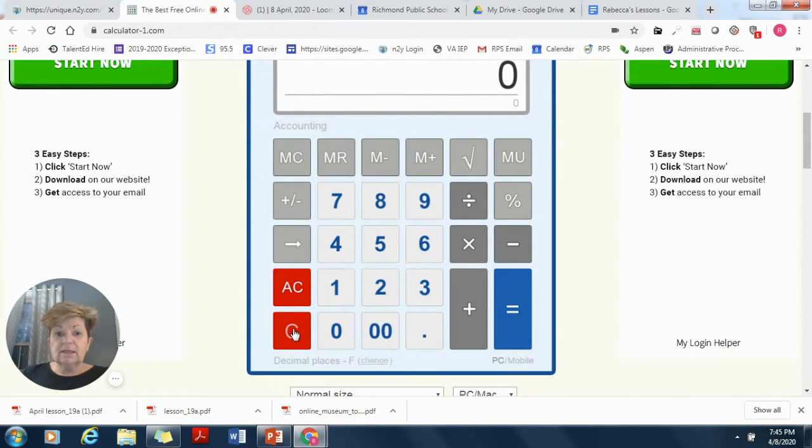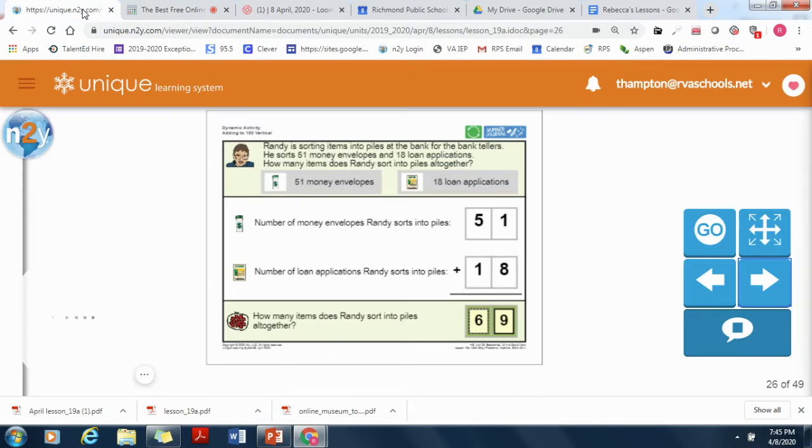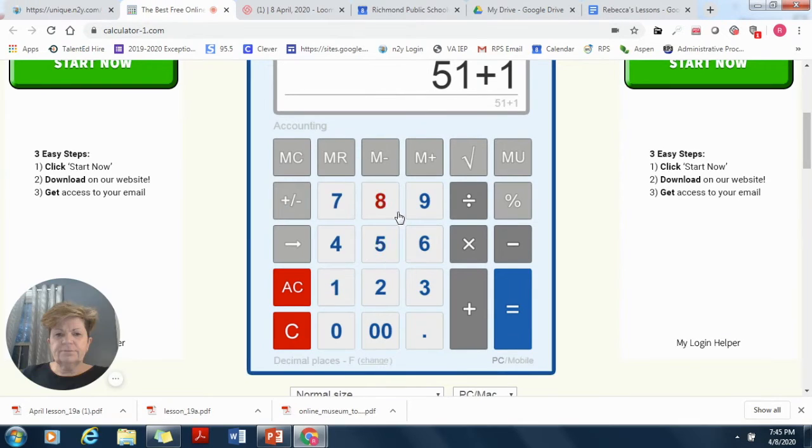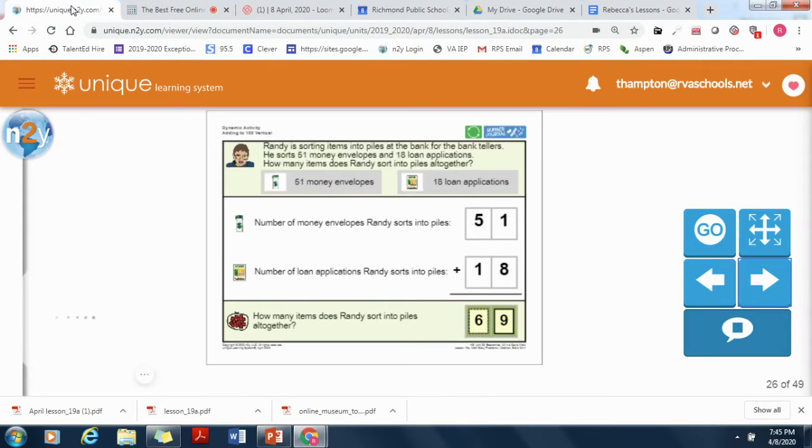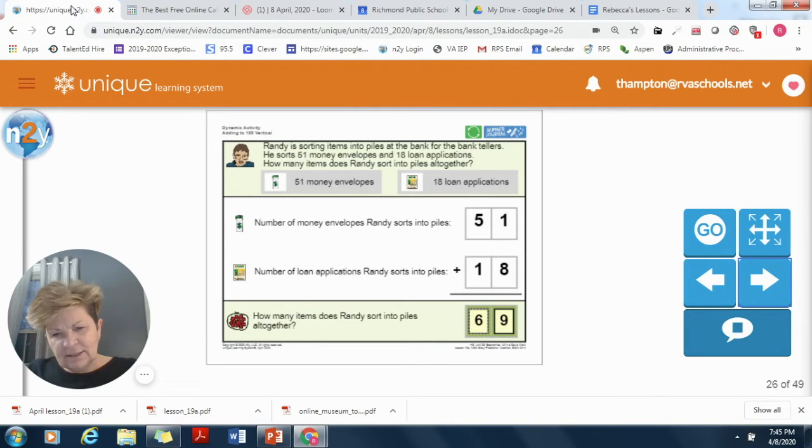We always hit clear on our calculator, even if there's a 0 there. 51 plus 18. You have it all in? Good. Hit equal. 69. Is that our answer? Indeed, it is our answer. Very good. All right, let's move forward.